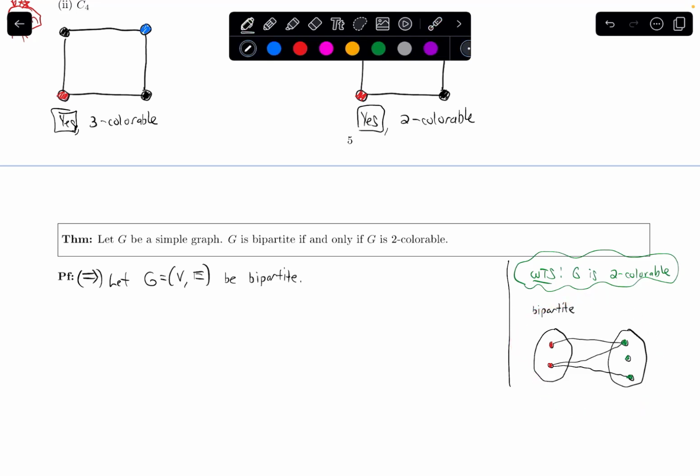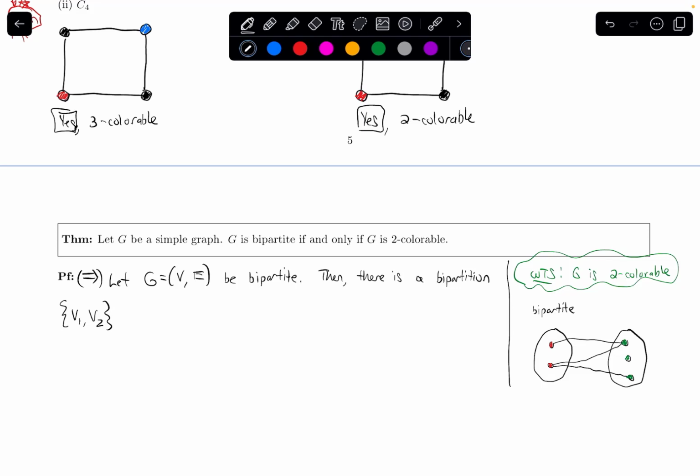So I'm going to let my graph be bipartite. So what does that mean? Then this means there is a bipartition. Bipartition just means a way to split the vertices into two groups, which I'll call V1, V2.